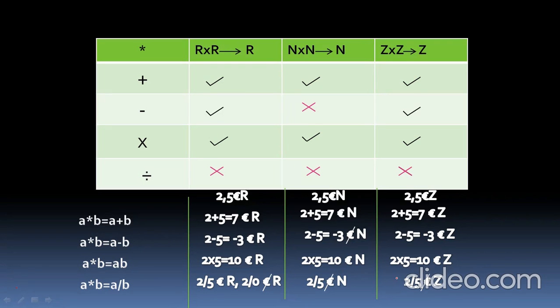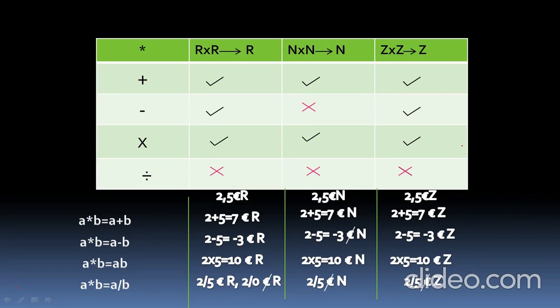If we divide 2 by 5, what we get is not an integer. So we can say that it is not necessary that if we divide two integers, we always get an integer. So division is not a binary operation on the set of integers.